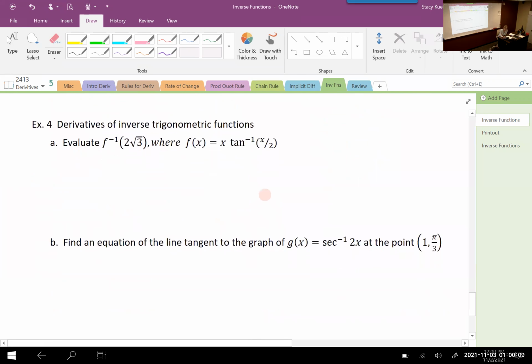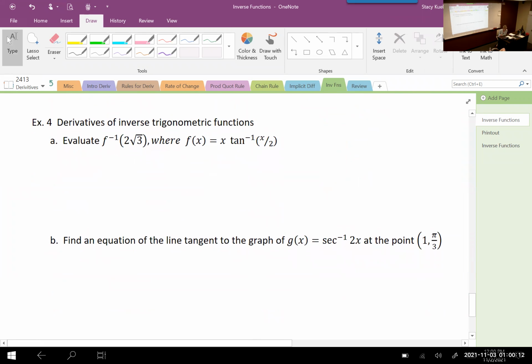Okay, let's look at these two separate examples here. So if we have the function f of x is equal to x inverse tangent of x over 2.